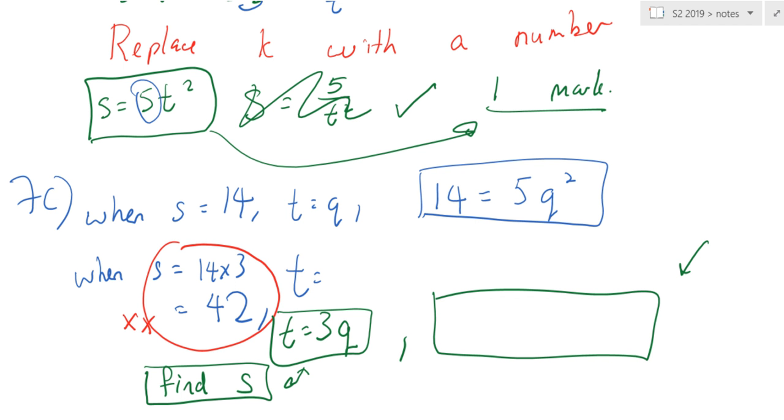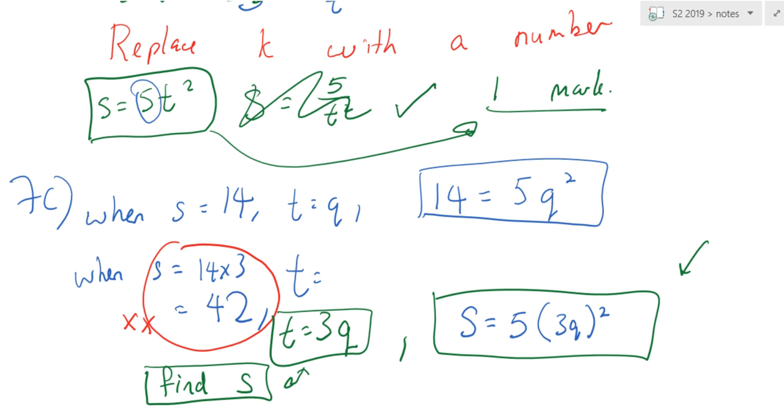Do you have this equation? Why the square outside? Because the t now becomes 3q. So that means I want to put 3q inside the t. Do you see it's a t square?